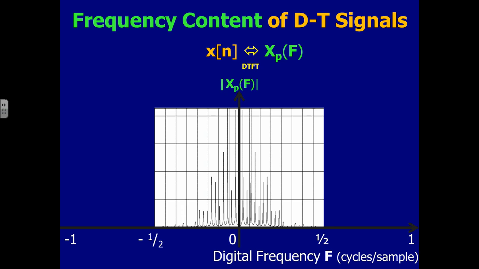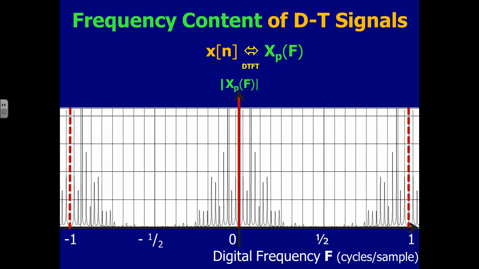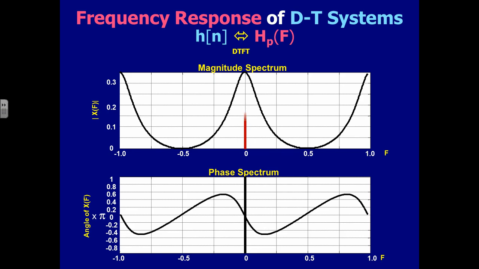Now, because the discrete time Fourier transform is a periodic function, we would expect to see this particular spectrum repeating over and over again, infinitely in both directions. So technically, again, the discrete time Fourier transform is a periodic repeating function.